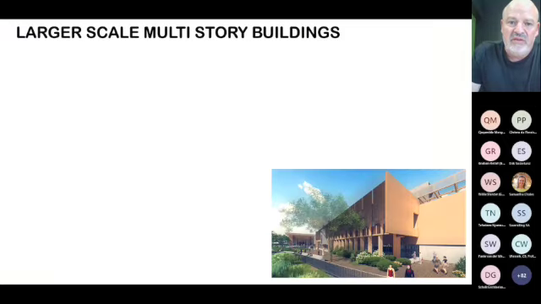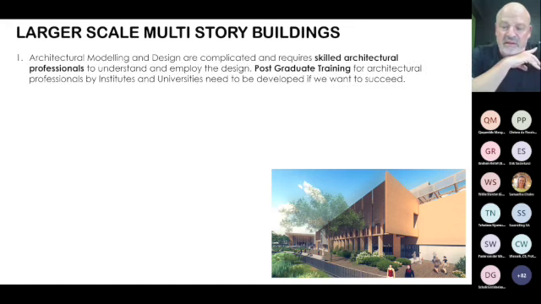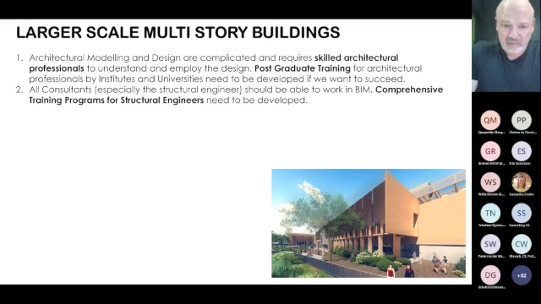If we now move to larger scale multi-story buildings, this is really the question that we would like to ask one another this afternoon. The architectural modeling and design are complicated, and require skilled architectural professionals to understand and employ the design. And again, I think there's a much needed postgraduate training for architectural professions by institutes and universities, and it needs to be developed.